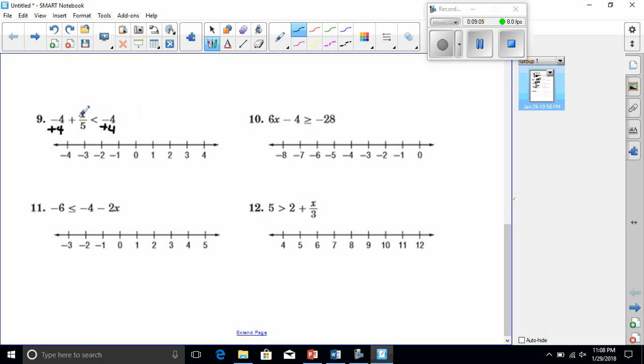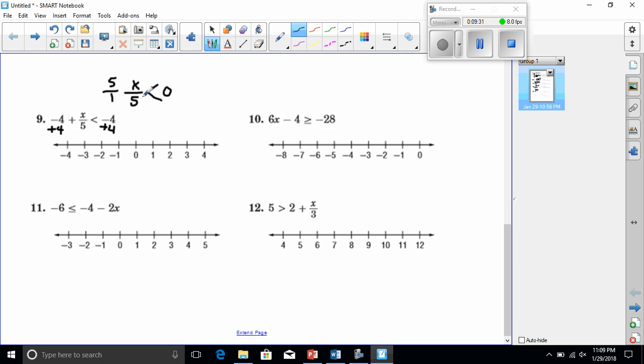If I add 4 to both sides, that's going to give me x over 5 is less than 4 minus 4 is 0. Wow, this should be pretty interesting, because now we have to multiply. Remember, if I'm doing division, I'm going to do multiplication now.